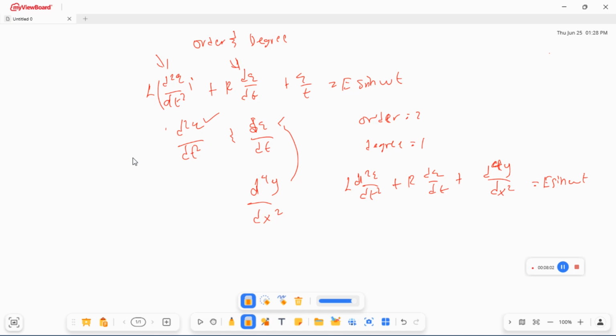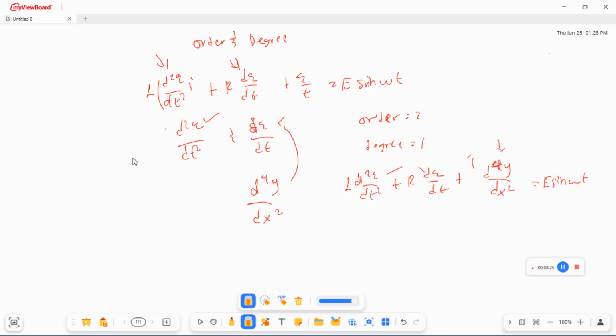Now, would you say that because this differential coefficient is not the same as these two, because these two come from the same source, and this one is dy/dx and this one is dq/dt, you would not pick your order and degree from this one? No, right? You always look for the highest regardless of whether it is the same or not.